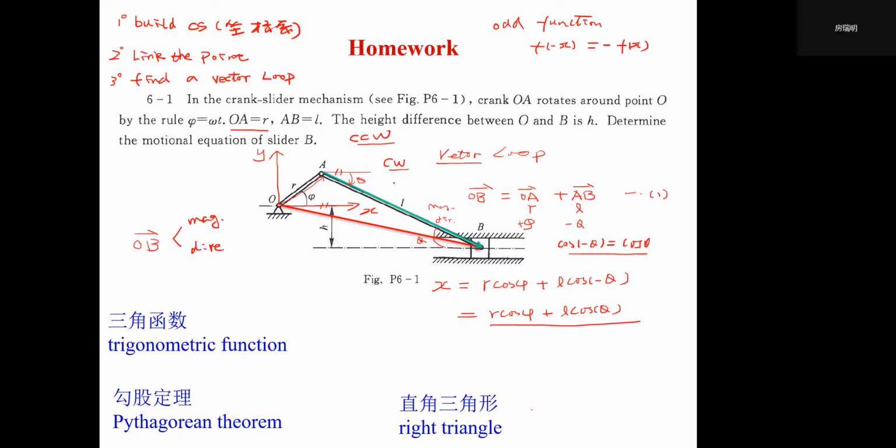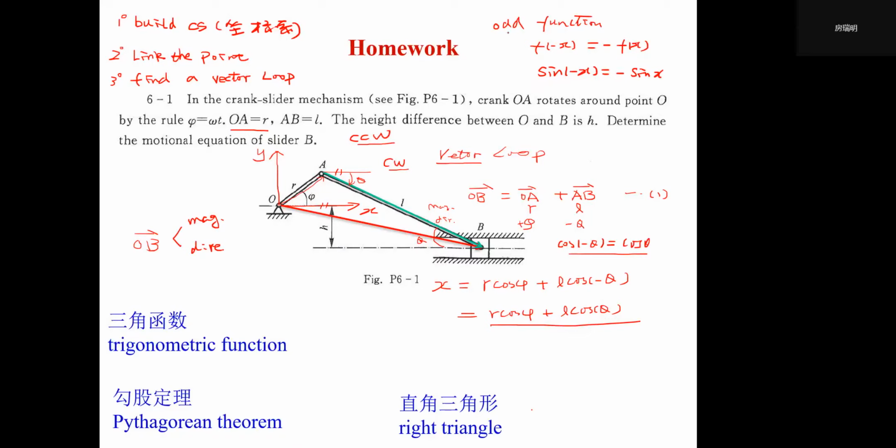It's a characteristic of trigonometric functions, so you should know that sine of minus x equals minus sine x. I think that's kind of a theorem. I cannot explain why, because it's from mathematical knowledge.